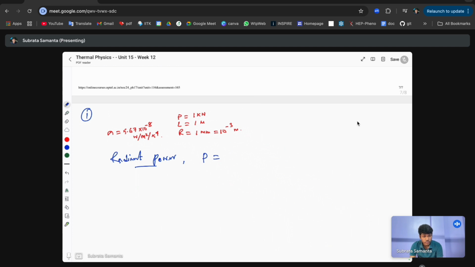It's proportional to T to the power 4, and the constant is the Stefan-Boltzmann constant. So the radiant power P is sigma times area A of the wire times T to the power 4.